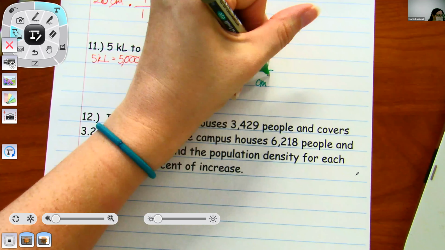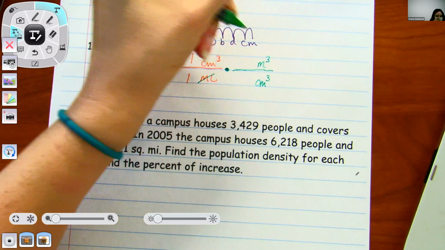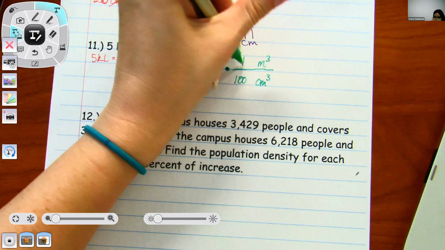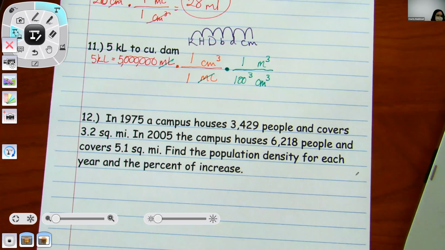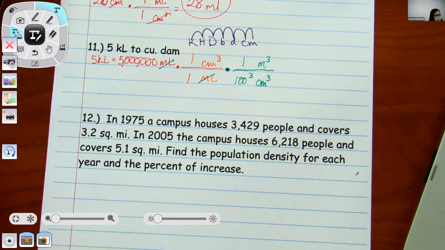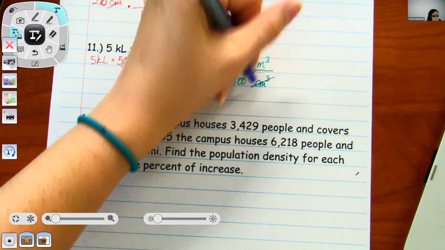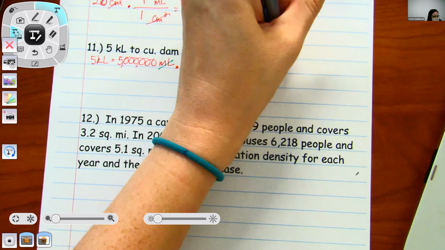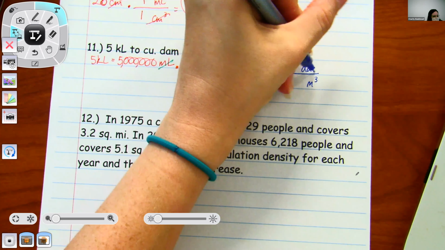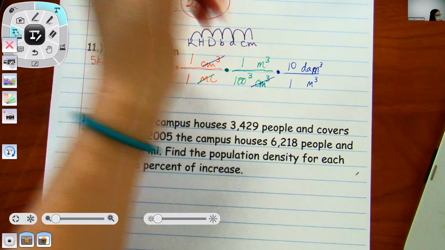To me, the easiest way is to use meters, because I know there are 100 centimeters in 1 meter. Since it's cubed, I have to take that 100 to the 3rd power. And then there are 10 decameters in 1 meter, and since it's cubed, that 10 is raised to the 3rd power.